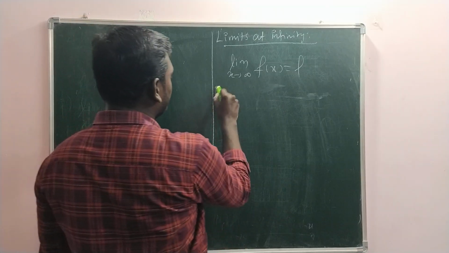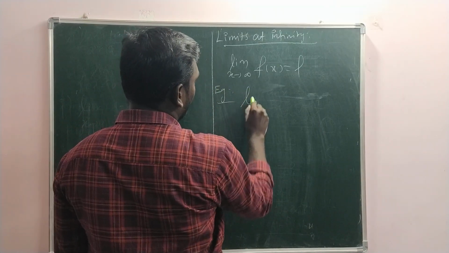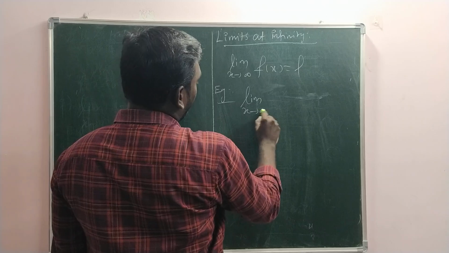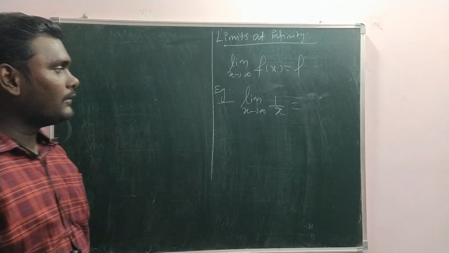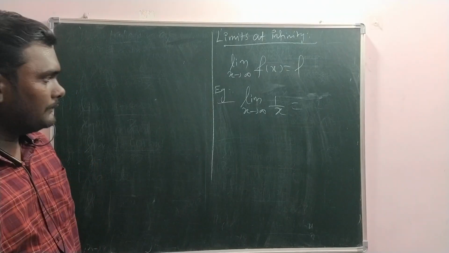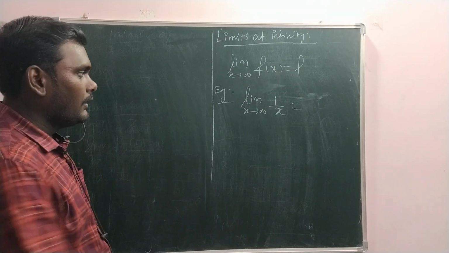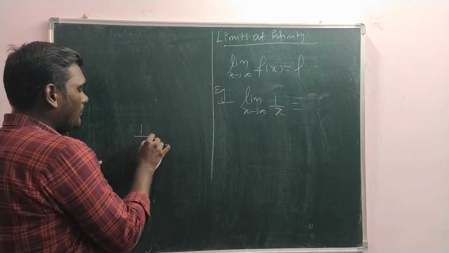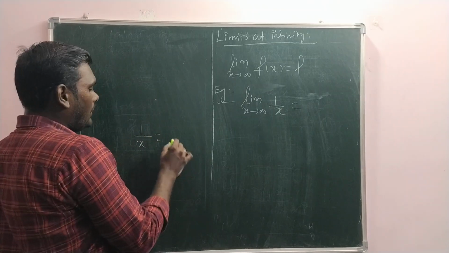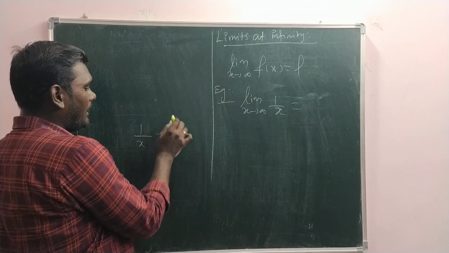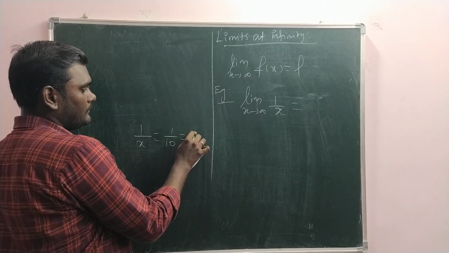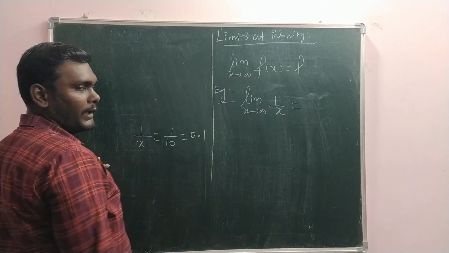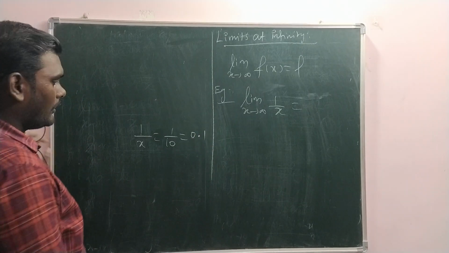For example, limit x tends to infinity, 1 by x. When x approaches infinity, what will come? We'll see 1 by x. Like 1 by 10, that is 0.1.